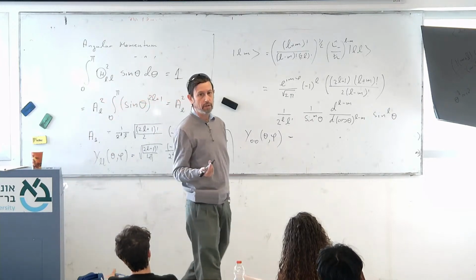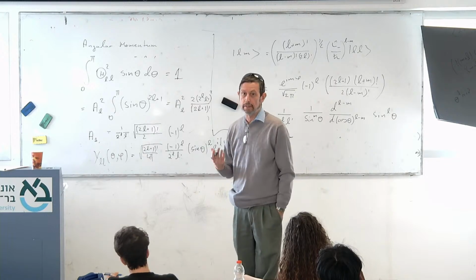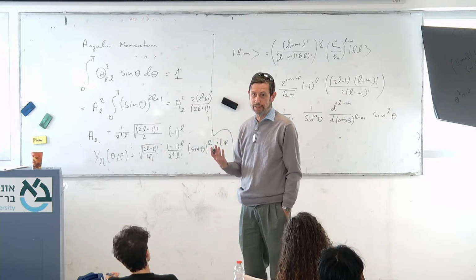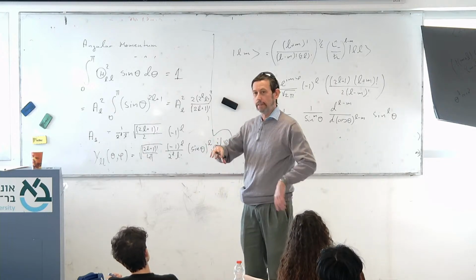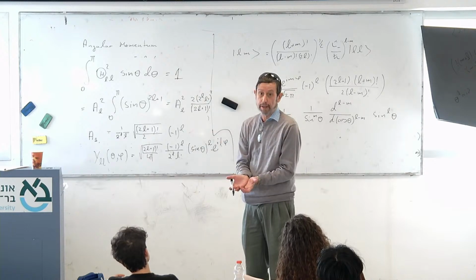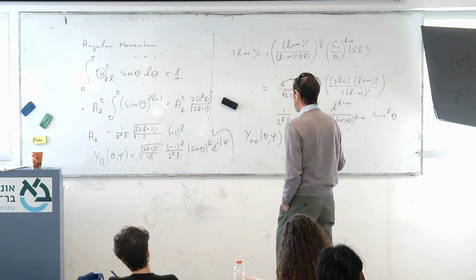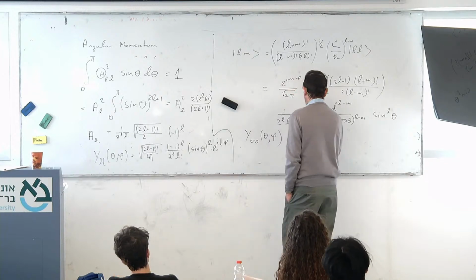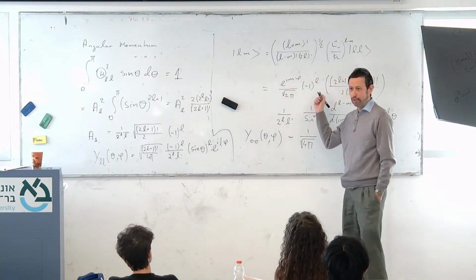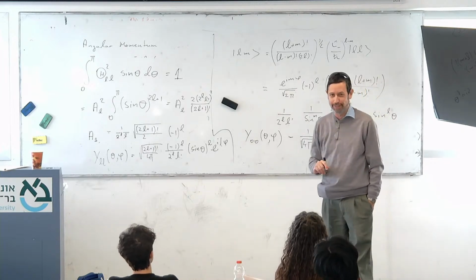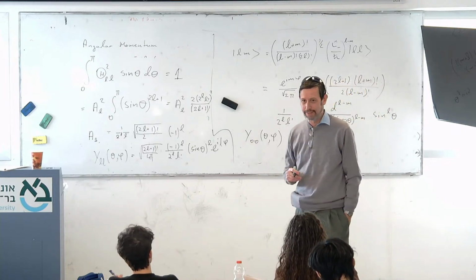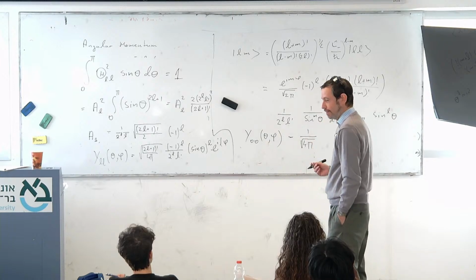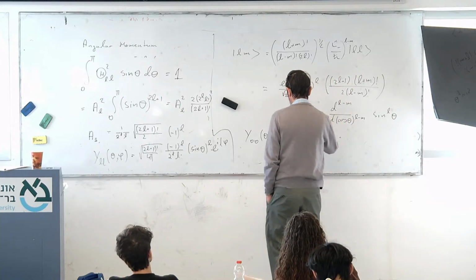So it must be a constant, and if it's a constant, it depends only on normalization. Since the solid angle is 4 pi, it must be 1 over the square root of 4 pi, and hopefully if you stick it into all the constants here, that's what you're supposed to get, if I didn't make a mistake somewhere.